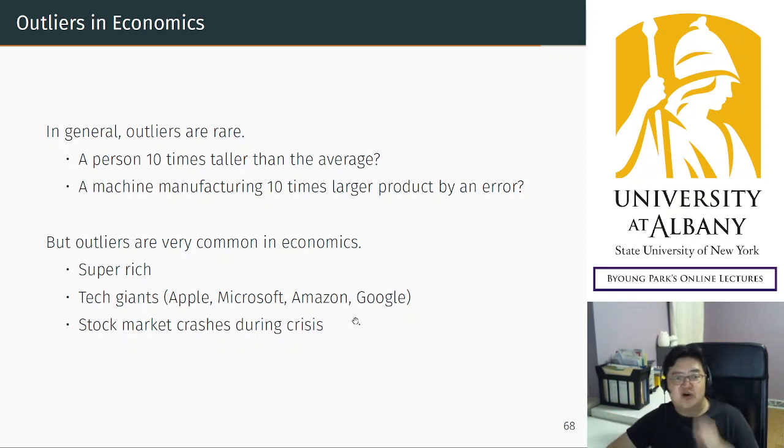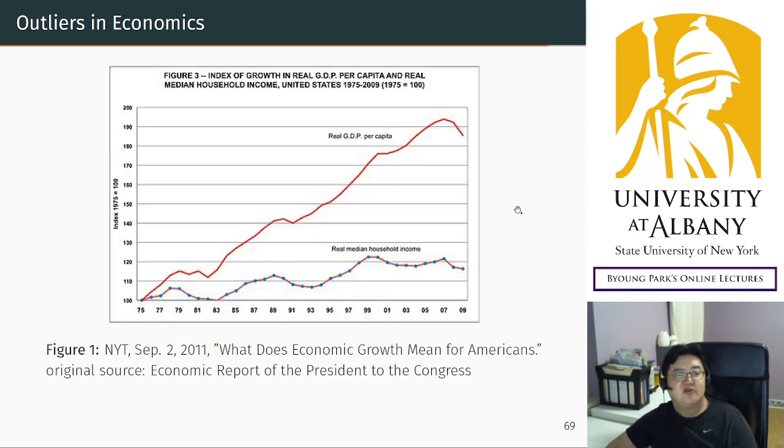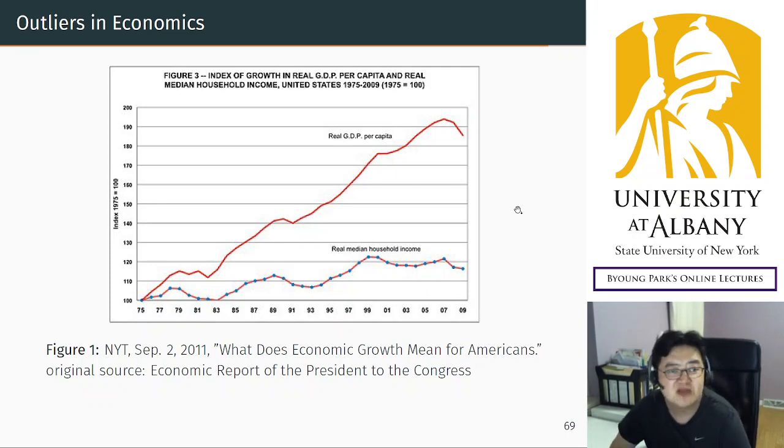I will show you a shocking example. This is an analysis of growth. It's data from the New York Times. It shows a graph from 1975 to 2009. There are two lines. The red solid line is real GDP per capita. You may understand it as the mean.